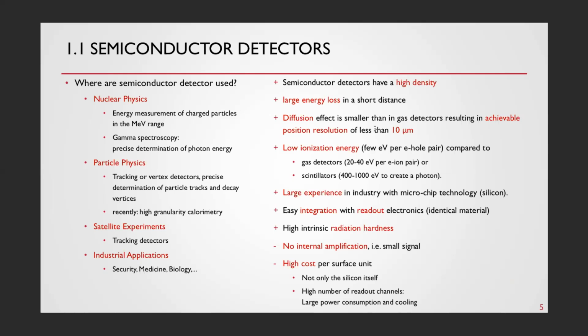There are advantages and disadvantages to semiconductor detectors. One first example is that semiconductors have a high density, and hence there is a high ionization yield per unit length. It also means there's a large energy loss in a short distance.